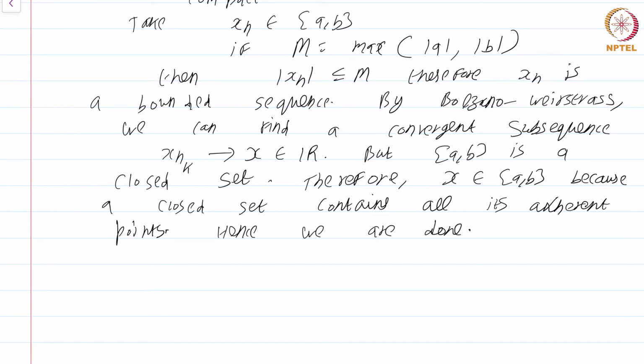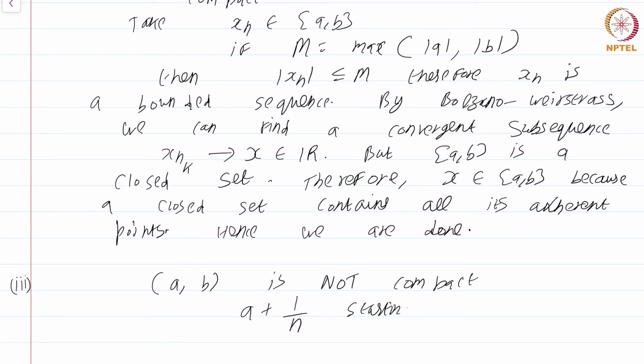Okay. Now, example 3 is sort of an anti-example. Open interval (a, b) is not compact. Why? Because we can just take the sequence a plus 1 by n, starting at n suitably large, because the width of this interval need not be greater than 1. This sequence converges to the point a. Therefore, any subsequence will have to converge to the point a, and the definition of compactness cannot be satisfied.